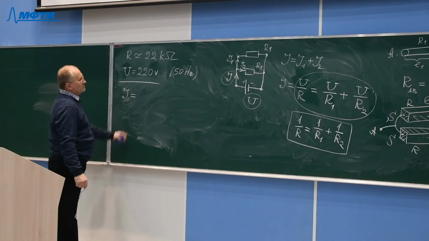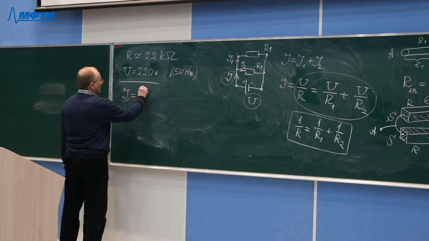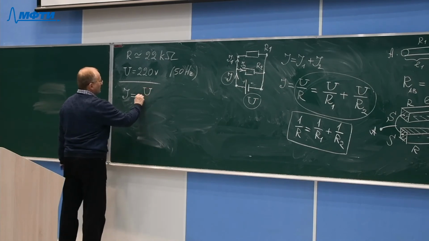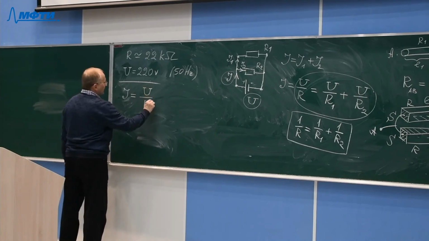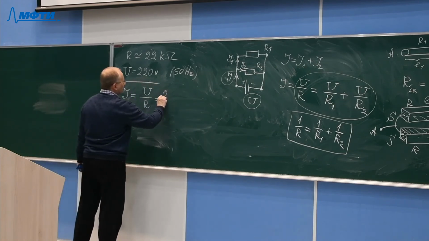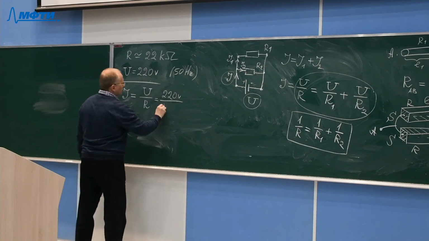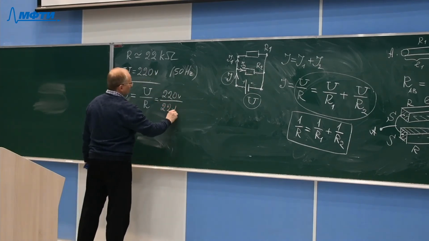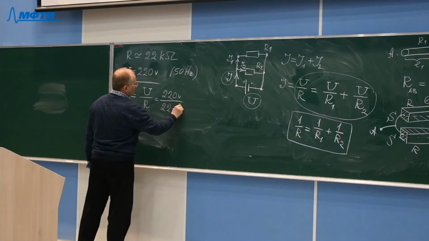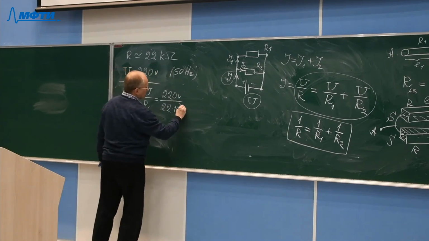So using Ohm's law, we can immediately obtain that the current will be equal to the voltage divided by the resistance of the body. And the voltage is 220 volts, and the resistance is 22 kilo ohms, which is 22,000 ohms.